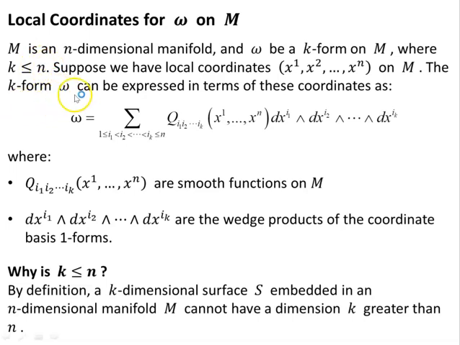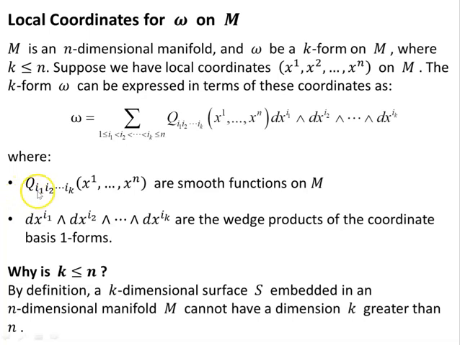The k-form omega can be expressed in terms of these coordinates as a sum over the different values of i1 up to ik. Here the coefficient functions are functions of x1 to xn, maybe not all of them, because k is less than n, and these are the basis one-forms, the dx^i's.